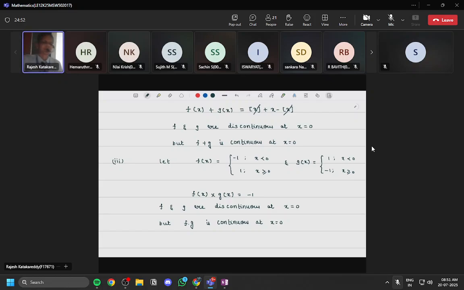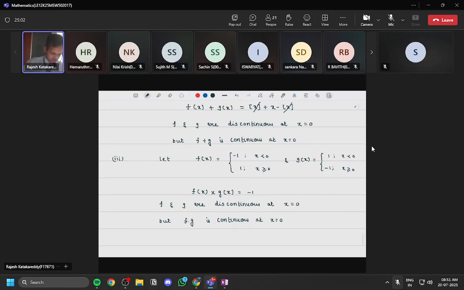So don't worry much about the missing part, we'll upload it in Teams. You can get the notes from Teams. Try to focus from this one, right? So now for composition, we should take two functions. One must be continuous, second must be discontinuous, and then the composition we should get as continuous.